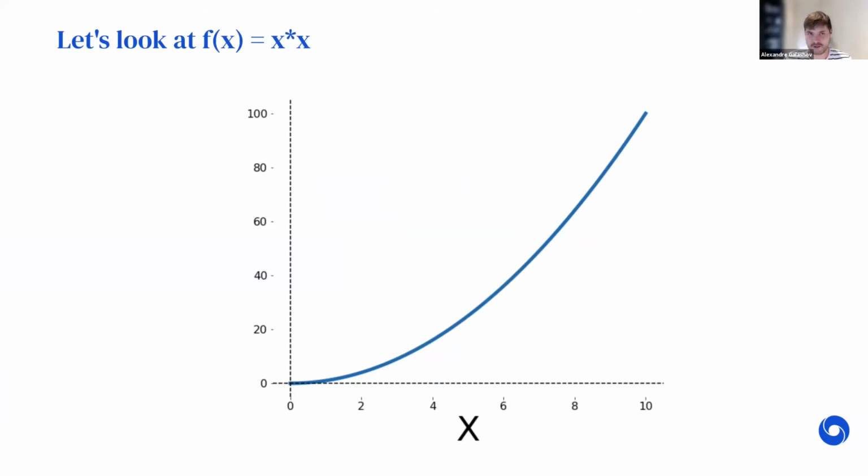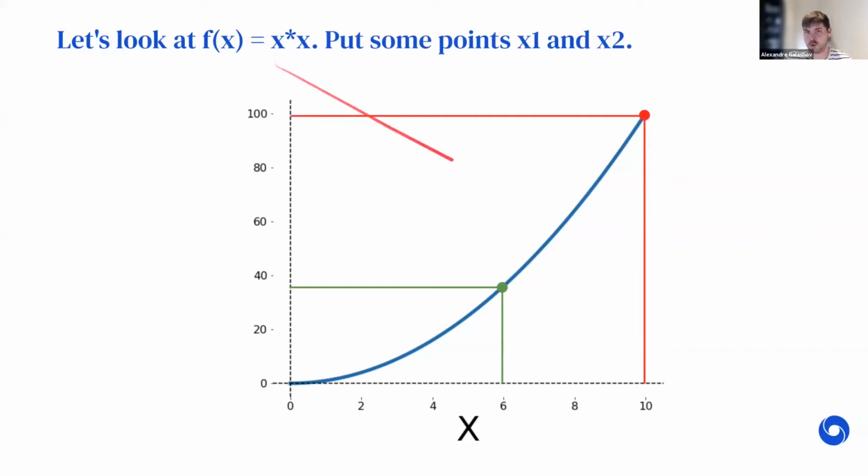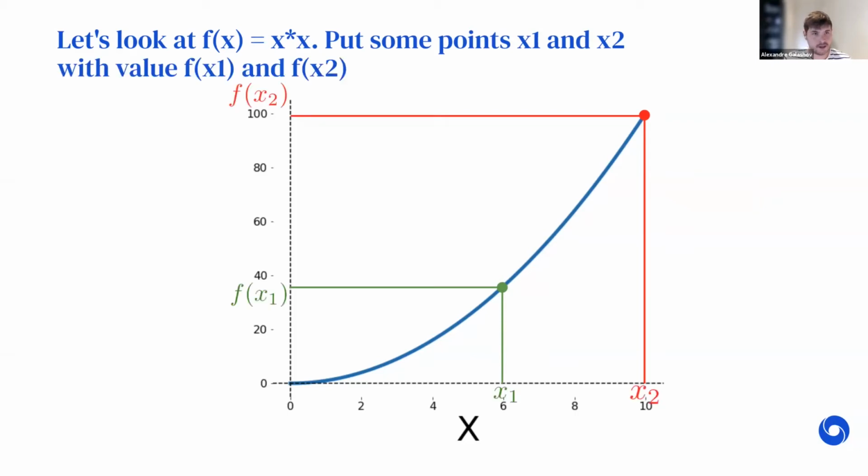So let's look at this function, which is a quadratic function: x squared, or x times x. Let's put two points on the graph of this function, x1 and x2. We don't care what they are equal to, just two points on the graph. Let's look at the associated values: x1, f of x1, x2, f of x2.